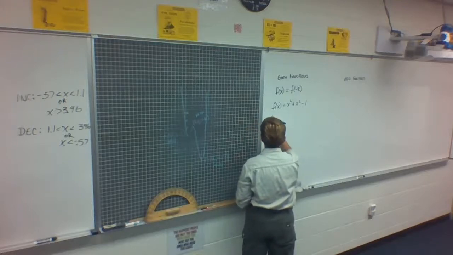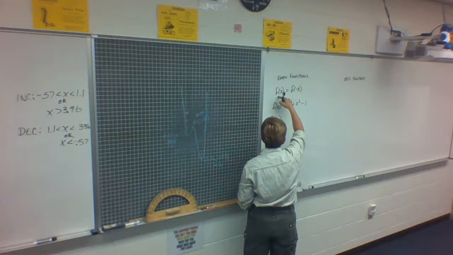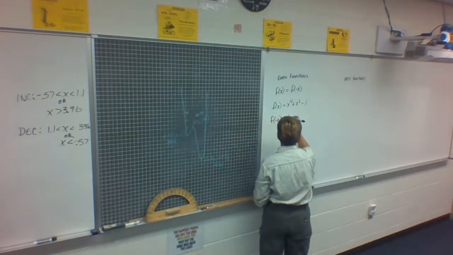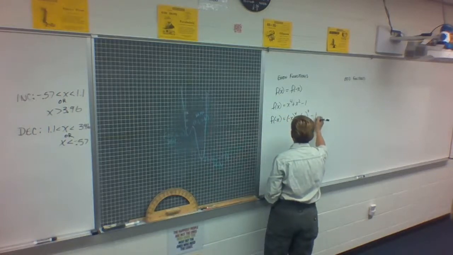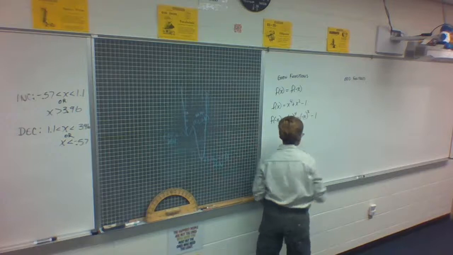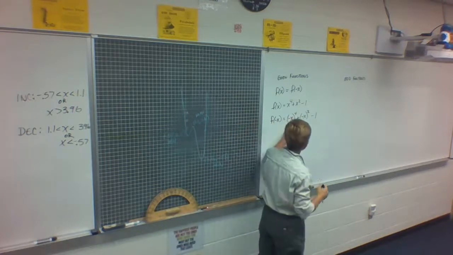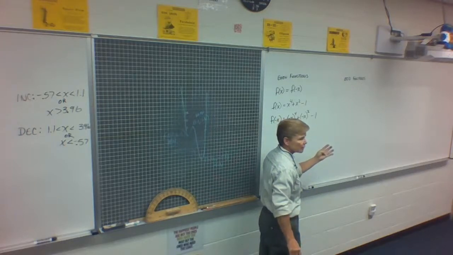So what I want to know is, what is f of negative x? So I'm doing this side. This is it. I want to plug in negative x for all the x's. That's negative x to the 4th plus negative x squared minus 1. You see the plug-in? Now, when you 4th power negative x, it's negative x times negative x times negative x times negative x, which is positive or negative?